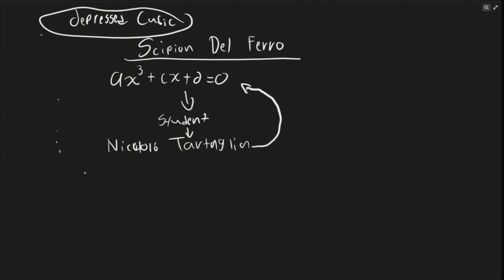Tartaglia figured this out by doing the same way that we figured out how to solve this, which was by completing the square.